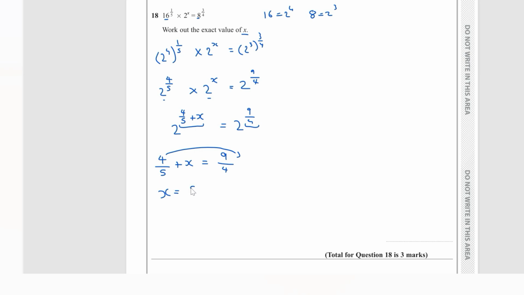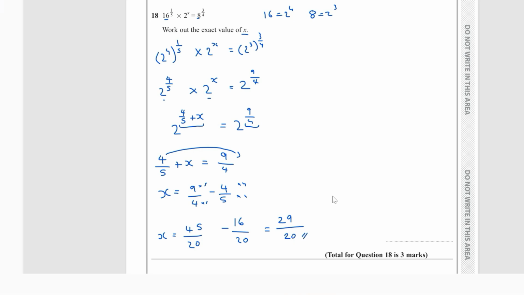So x equals 9 over 4 minus 4 over 5. So if we cross multiply, it equals 45 over 20 minus 16 over 20, which gives us a final answer of 29 over 20.